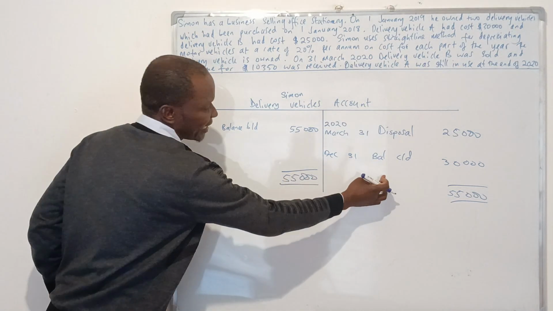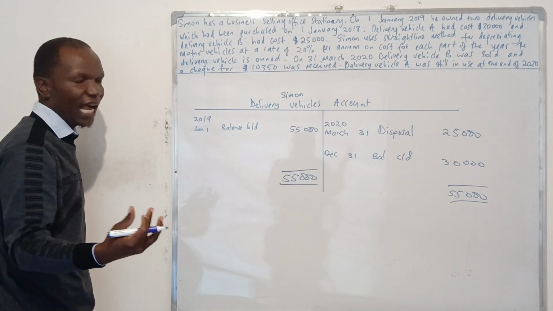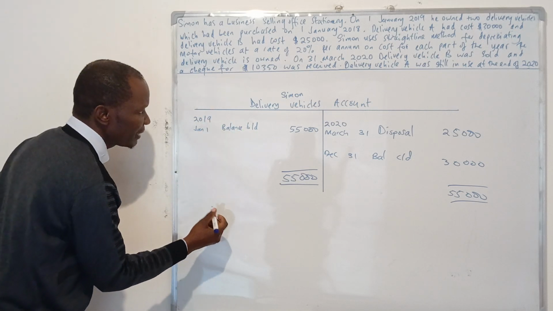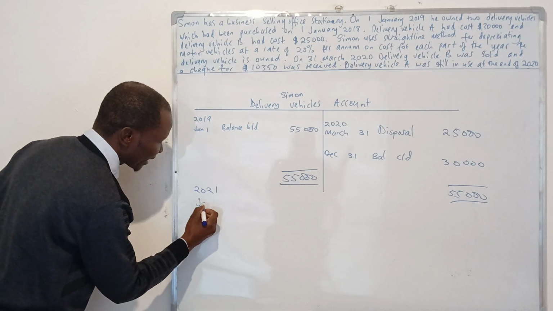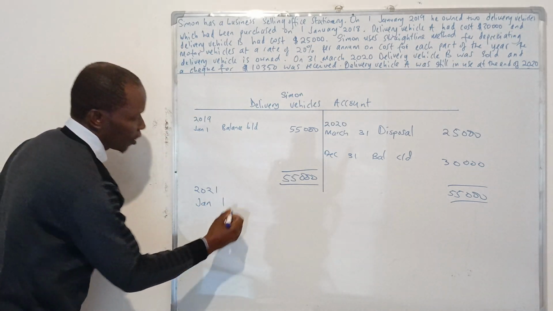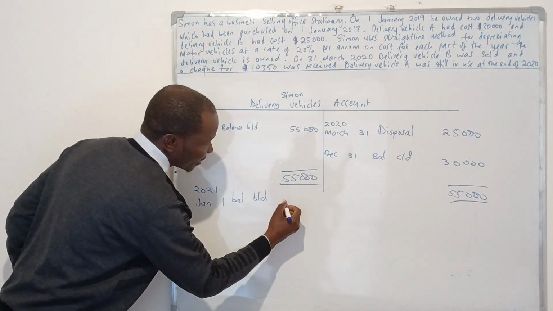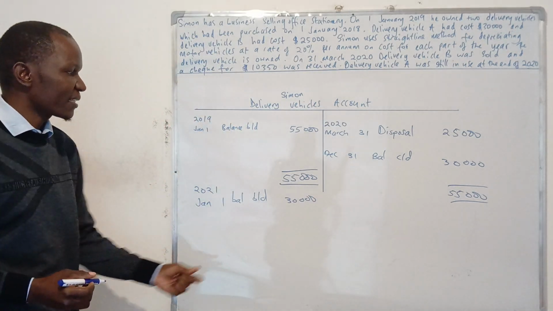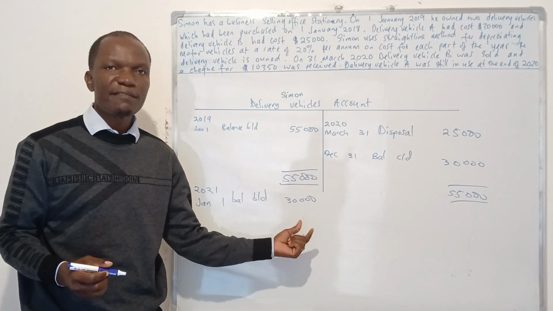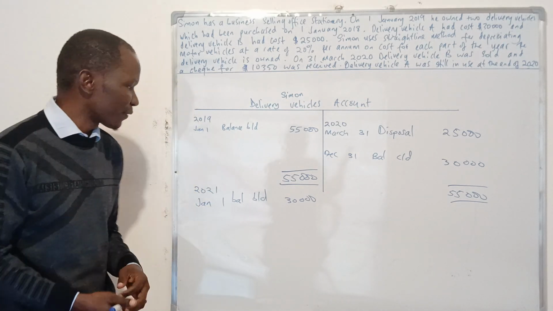This balance c/d now is the value of delivery vehicles that we are left with after disposing of that one. So it means that as at 2021, January 1, we now have a balance b/d of how much? 30,000. So that's now the value of the delivery vehicles that we now have at the beginning of the year 2021.